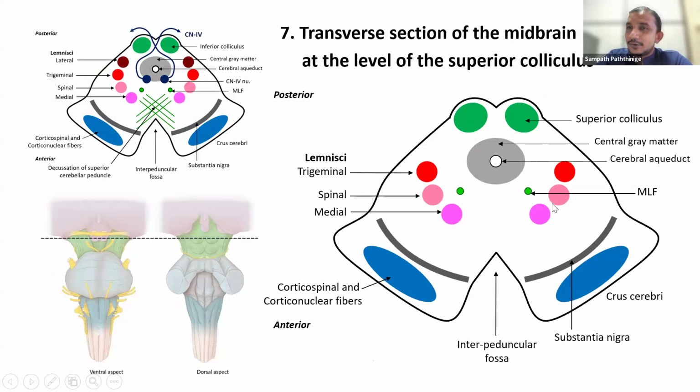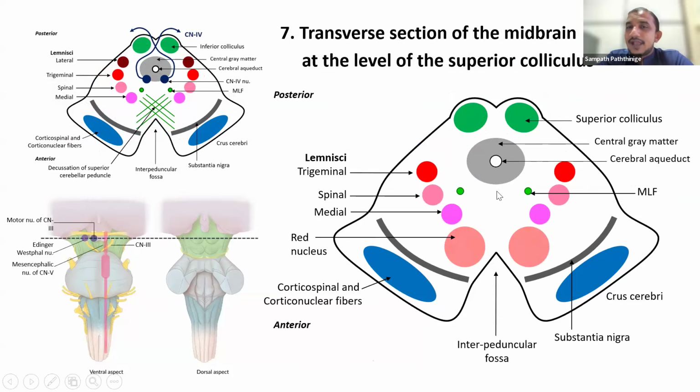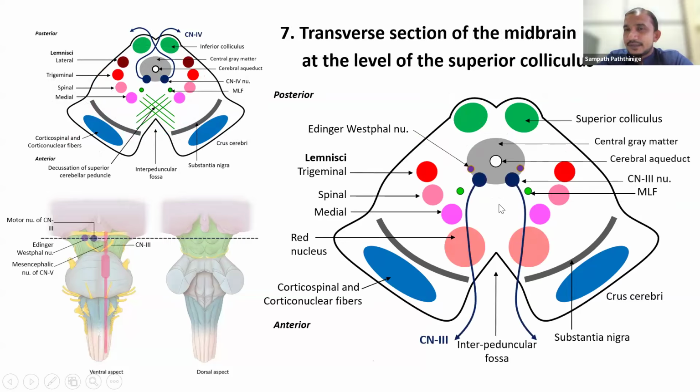That is why I did not draw it there. The rest would be the same, the only difference is we have the red nucleus, an important nucleus, again a kind of basal nucleus, right? And then we have the oculomotor nerve, which is emerging through the interpeduncular fossa, right? Yeah, so that is the internal structure of the brainstem.